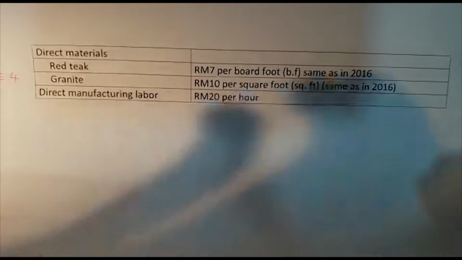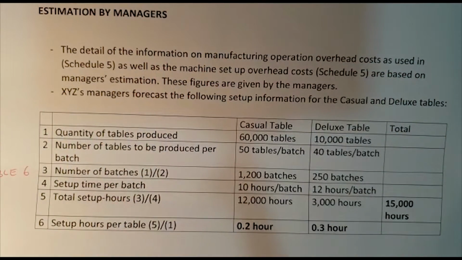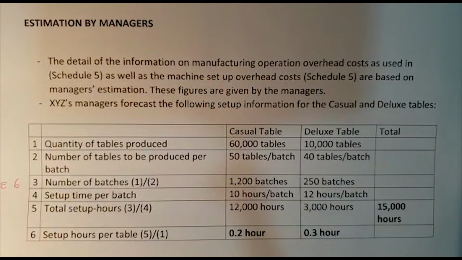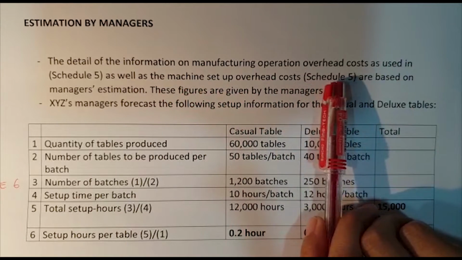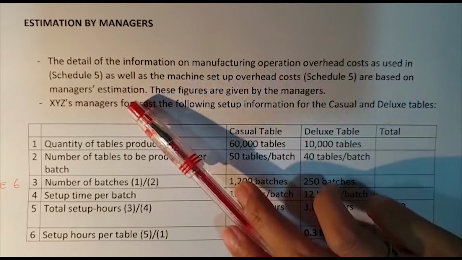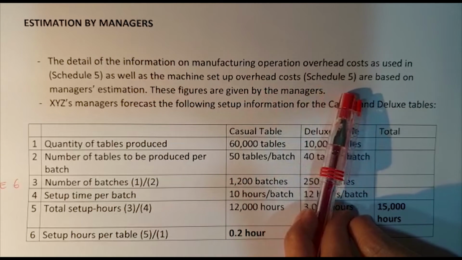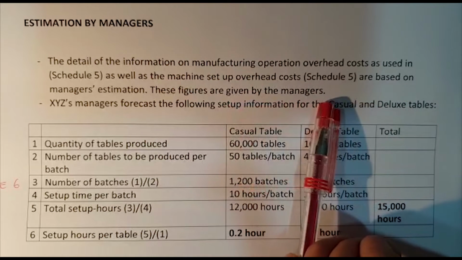All right, now we look at other information given, which is basically in regards to the estimation by managers. This is some collection of additional information given. The detail of the information on manufacturing operation overhead costs used in Schedule 5, as well as the machine setup overhead costs in Schedule 5, are based on the managers' estimation, and these figures are actually given by the managers.